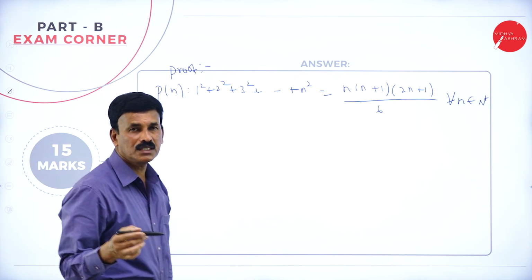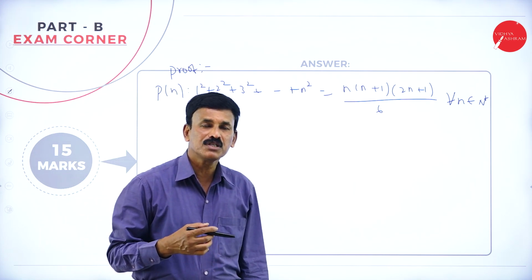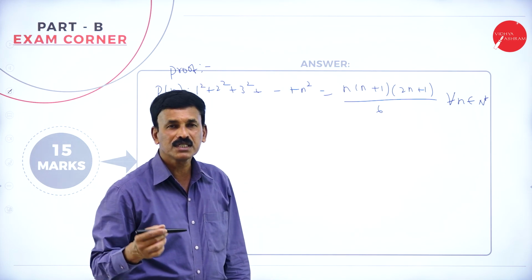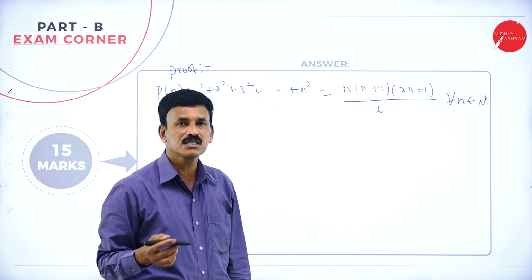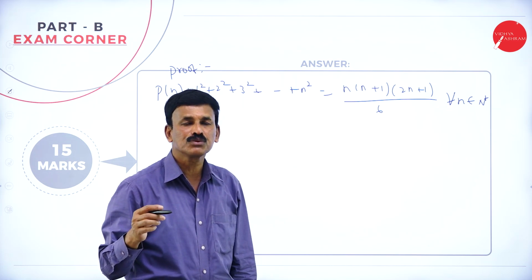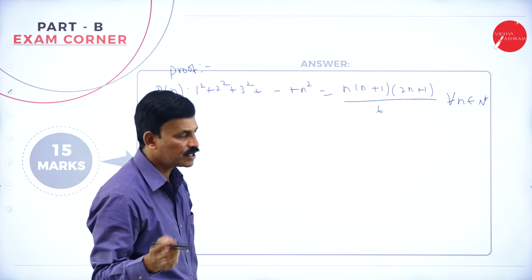So, what is mathematical induction? Let us prove the statement is true for some positive integer n is equal to 1, then for another positive integer n is equal to k. If it is true for n is equal to k, then prove that it is true for k plus 1 also. That is it.